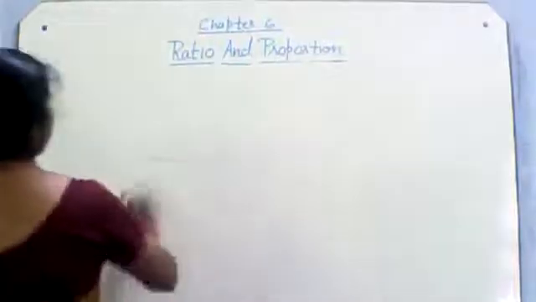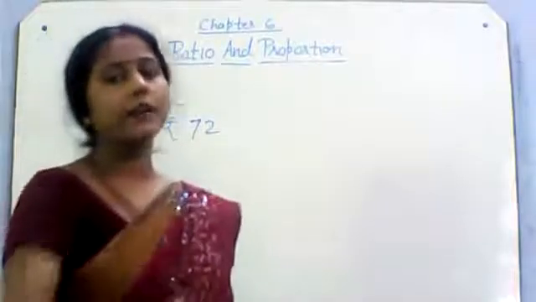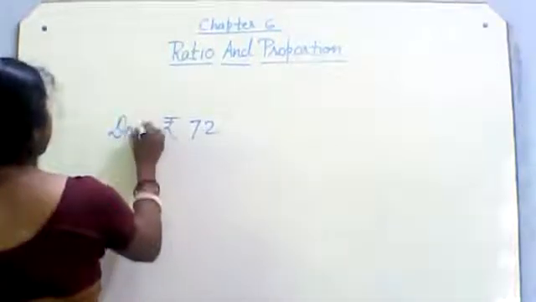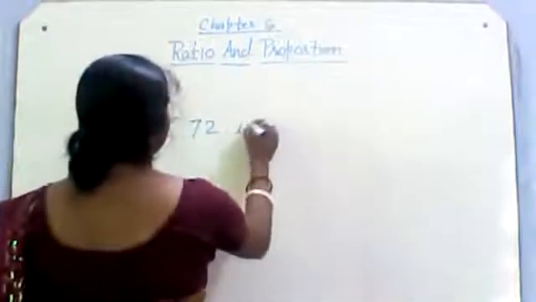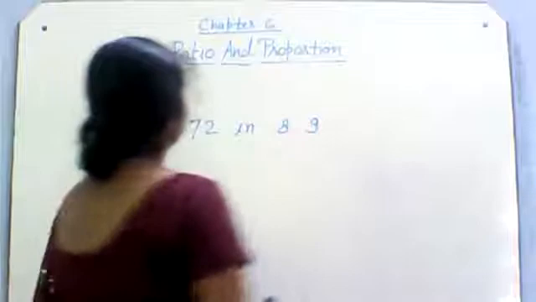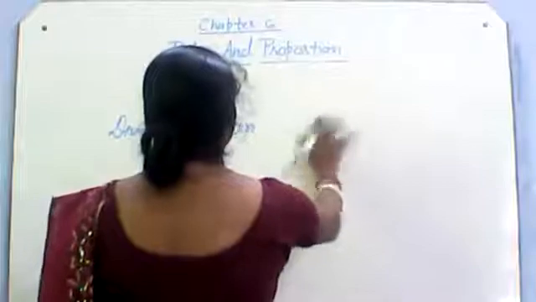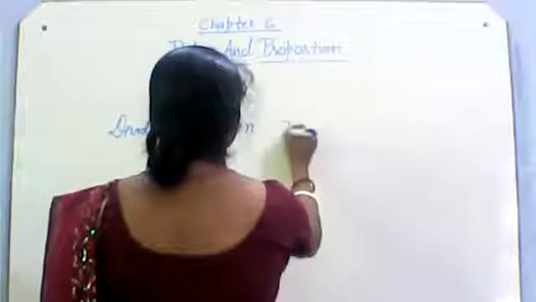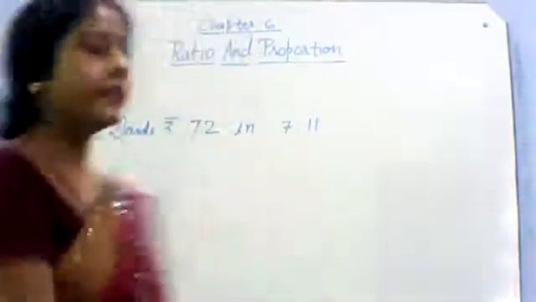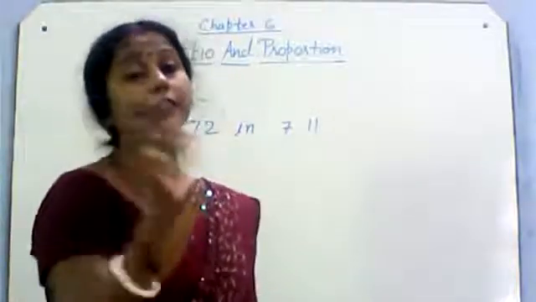Suppose you have rupees 72, and you have to divide rupees 72 in 7:11. Okay, this ratio I have to do. You have to divide 72 rupees into 7:11.